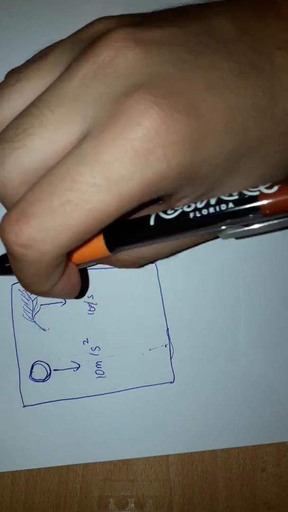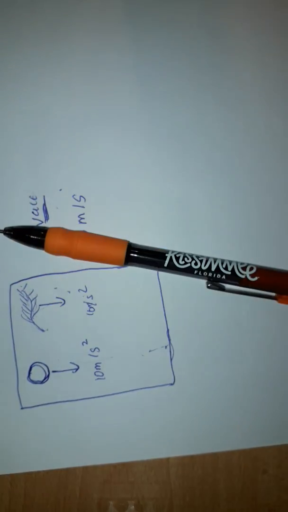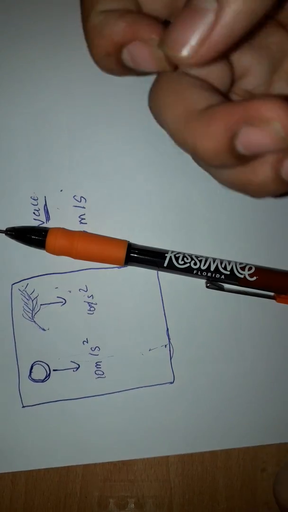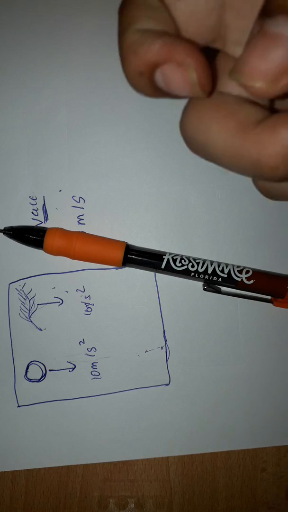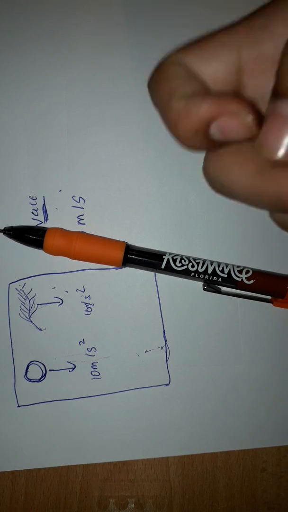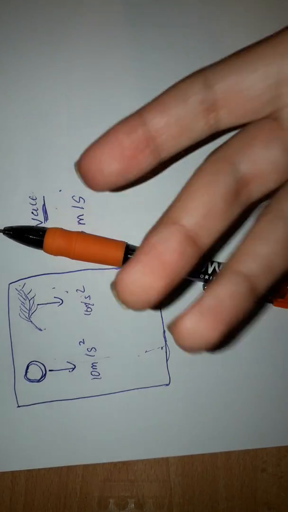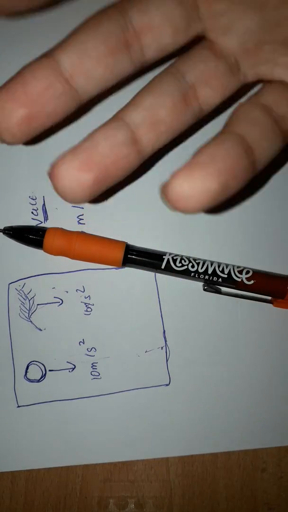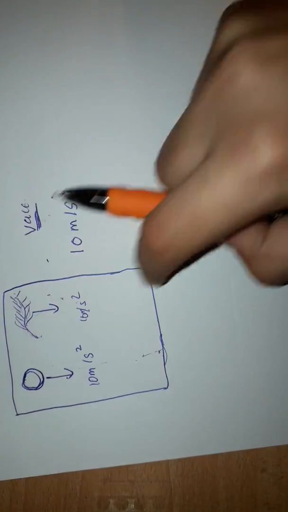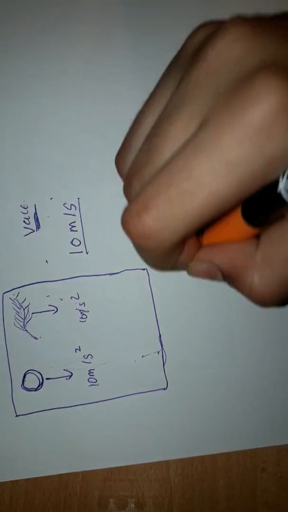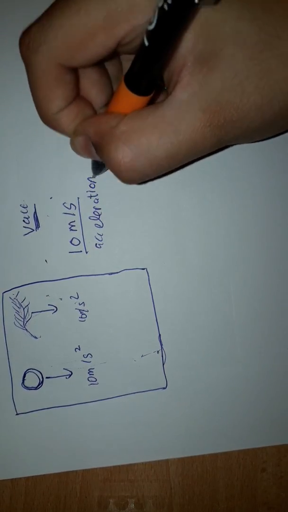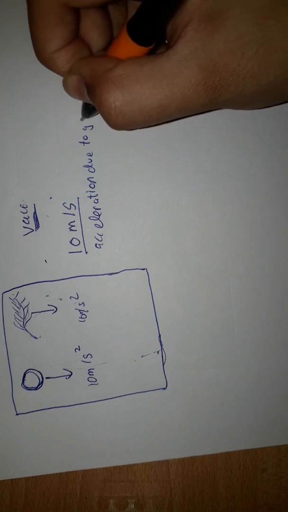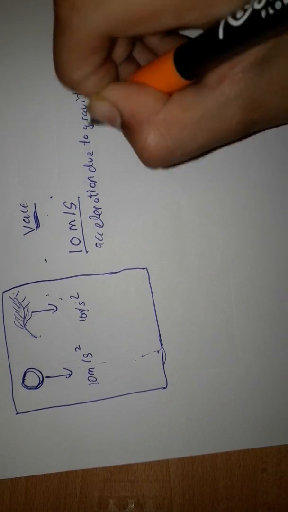That is why, in a physics lab where there is air present, the metal ball will hit the ground first and not the feather, because the feather is slowed down much more by air resistance. So that is acceleration due to gravity.